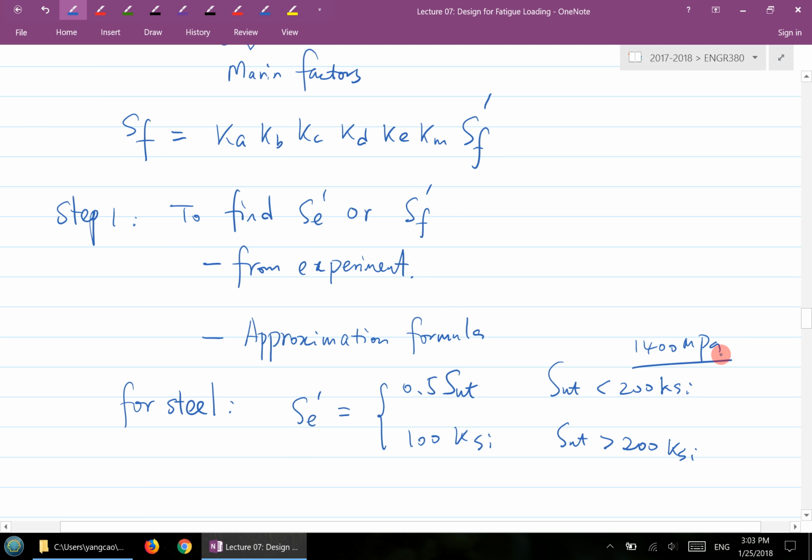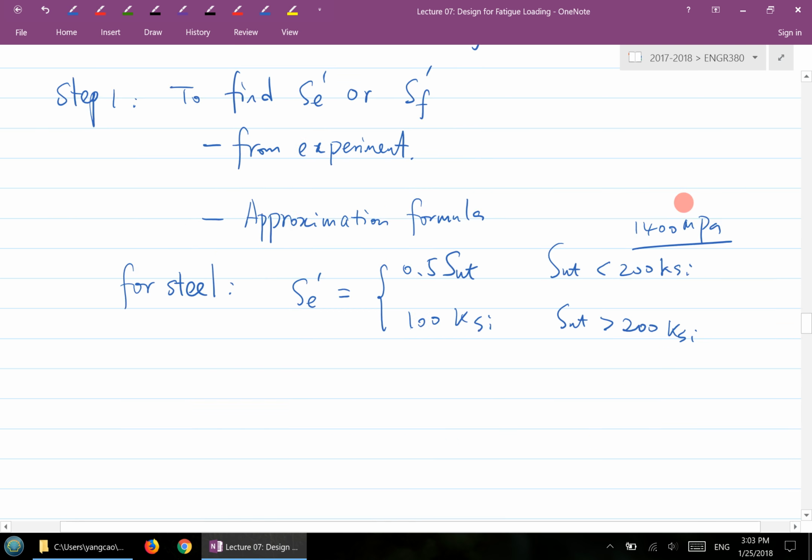This is what we'll use most of the time to obtain our Se prime. So if you give me a material, the first step is to look up the Sut value, and then use this formula to find Se prime. I do have a formula for iron, but I'll skip that.